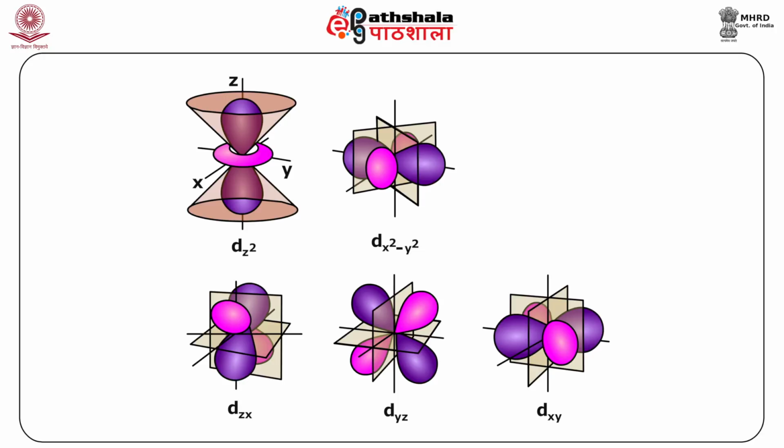The orbitals lie straight on the Cartesian axes or are rotated 45 degrees from the axes. The 5 d orbitals are named dxy, dyz, dxz, dx squared minus y squared, and dz squared. The 5 d orbitals are represented in the figure.